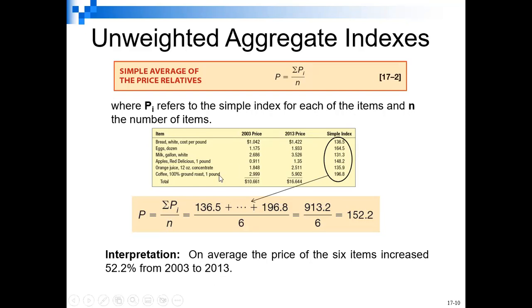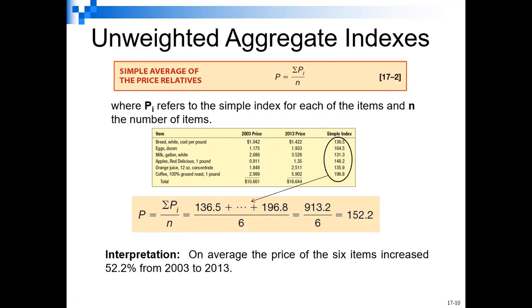And so you simply add up the prices. For example, if you look at 2003 and 2013, you're comparing two years. And so you calculate a simple index of the price between 2013 and 2003. When you divide 1.422 by 1.042, you get 136.5.